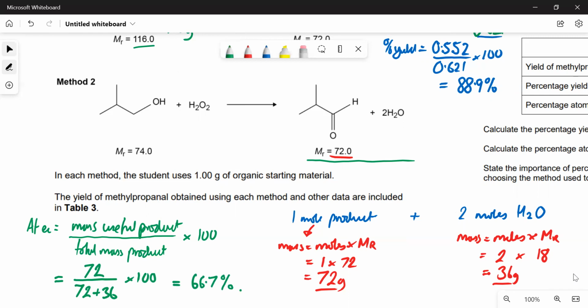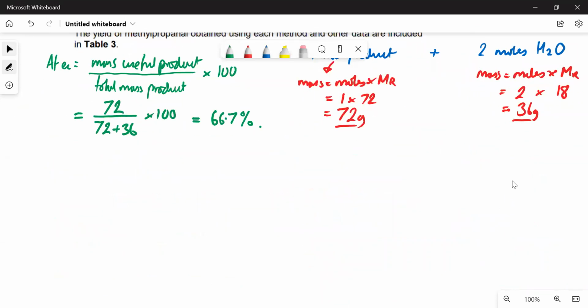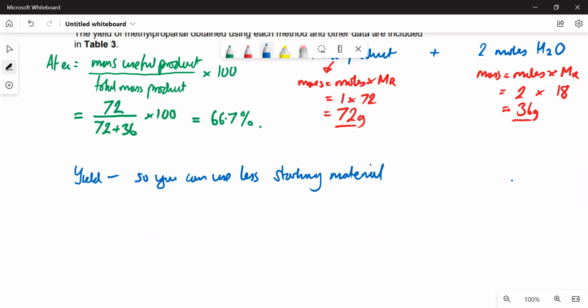Now, I have not pasted in the question here, but it asks what's the importance of yield and what's the importance of atom economy? So I'll just explain that now. Why do you want a high yield? So you can use less starting material. The higher the yield, the less starting material you'll need to make a certain amount.